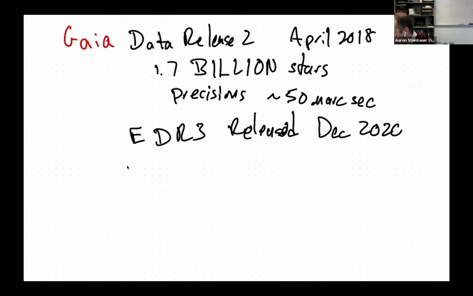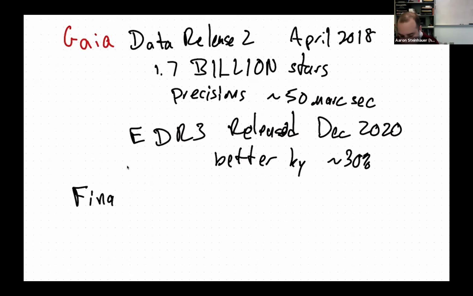I think the final catalog is scheduled to release in 2023 or something, but has the full data in it. Let's say this is better by about 30%. Final catalog.